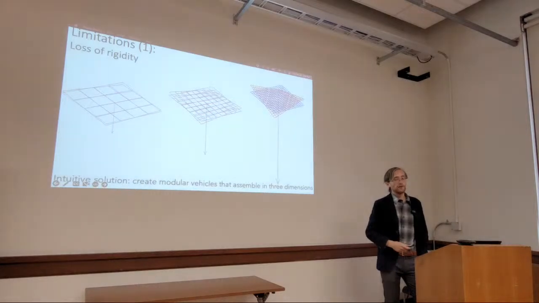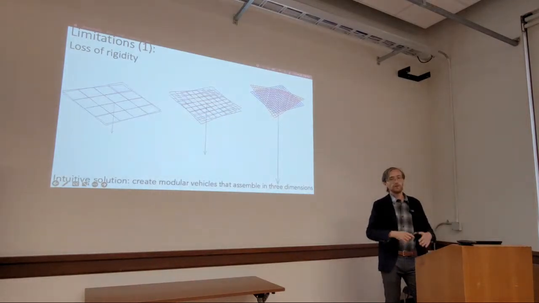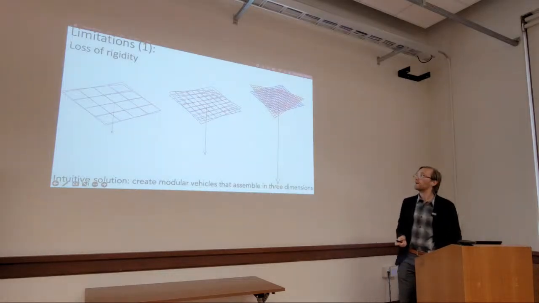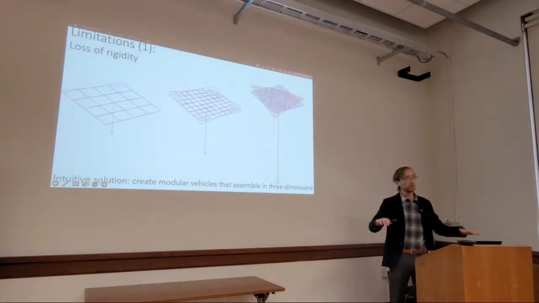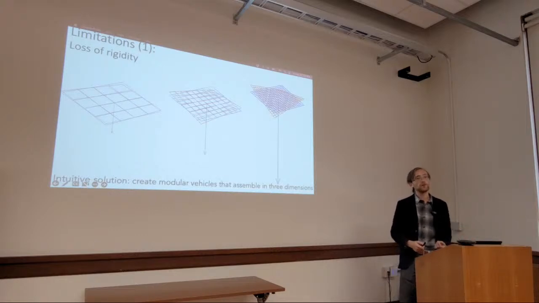And I mentioned before that maybe there is a structural advantage in using many rotors rather than one because we have lower structural weight, but that might not be the case if we assemble all the rotors in a plane, especially if it's for carrying some payload.